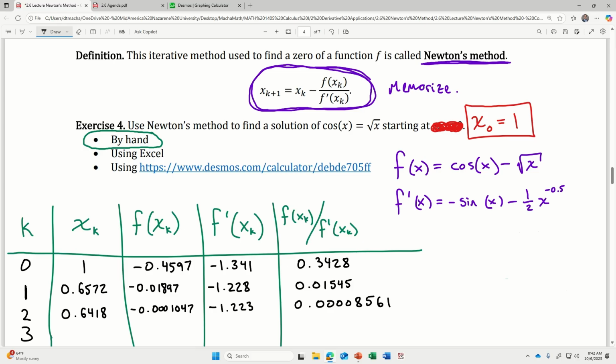And then to get x with a subscript 3, I take 0.6418 minus 0.0008561, and I get 0.6417.